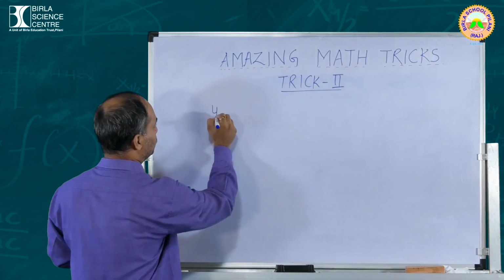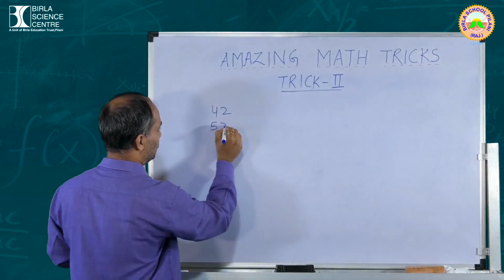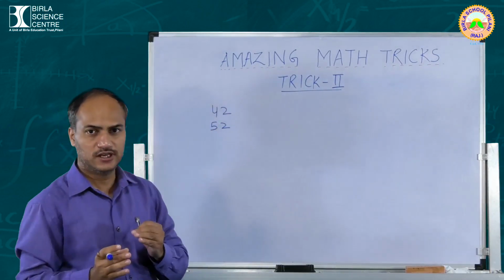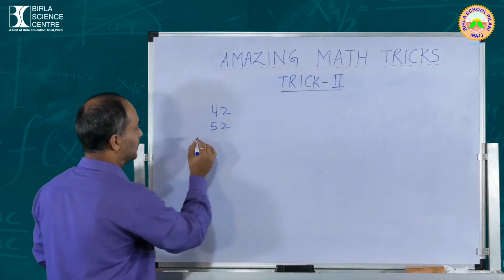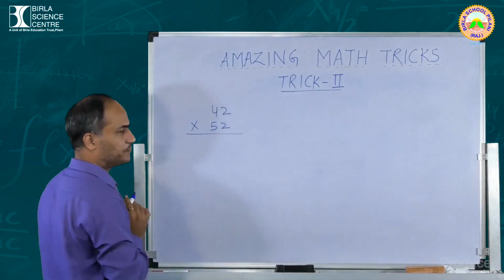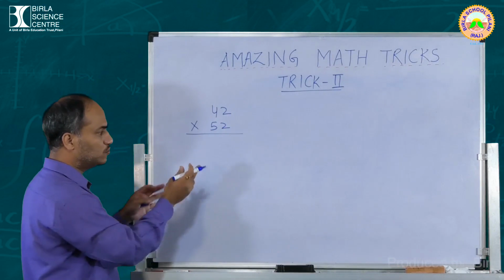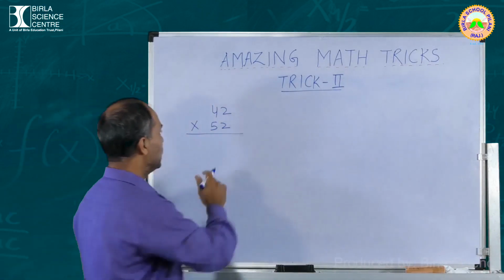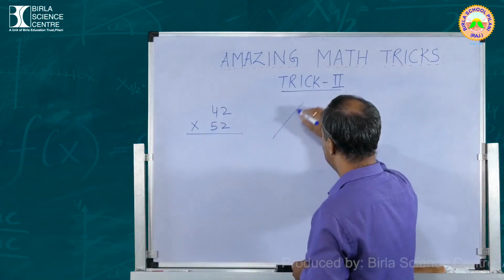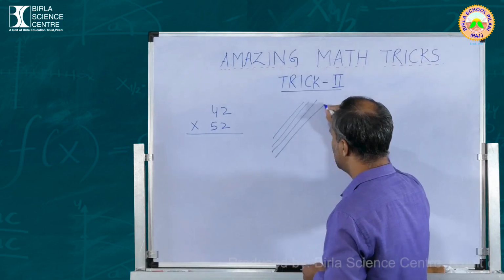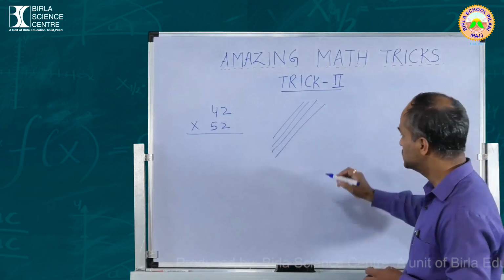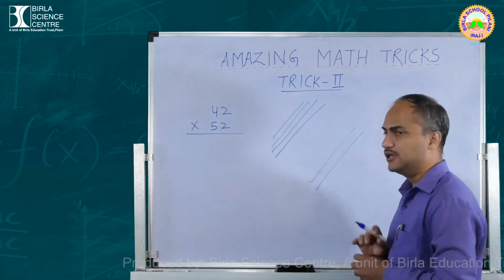Now let us do one more question and understand the trick clearly. Suppose we have to multiply these two numbers. If we want to use the line method, then 4 and 2, it means 1, 2, 3, 4 lines we have to draw like this, and 2 lines we will draw here.